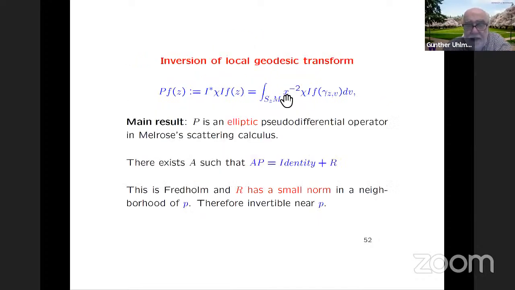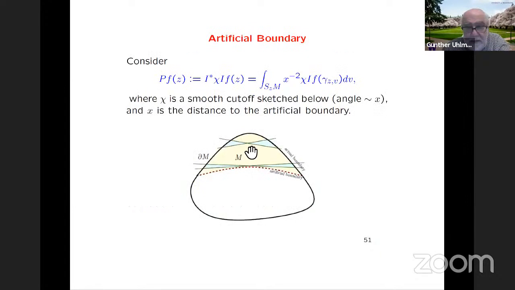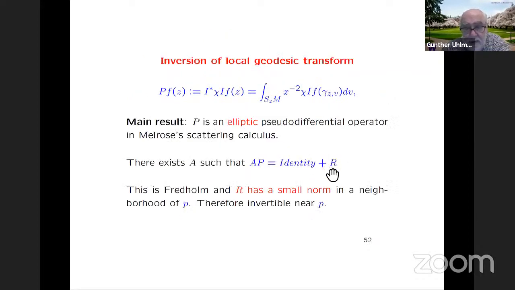And then this operator is invertible. It's an elliptic pseudo-differential operator in this calculus, and this calculus tells you there is an inverse on the left. So you get the identity plus a remainder, but the remainder is smooth, has a smooth kernel. But if this domain has a small size, you can show that the norm of the remainder is small.